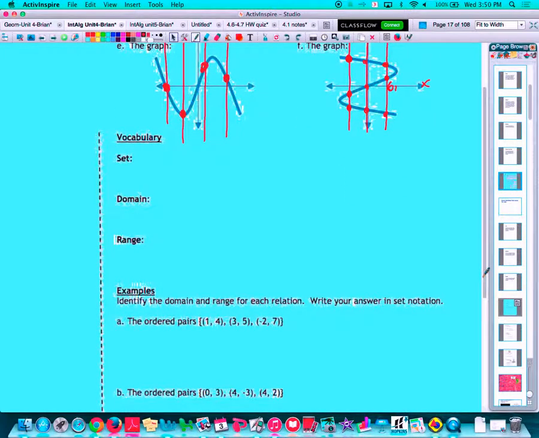All right, a couple other vocabulary terms on our first day here related to functions. The word set is a group of numbers.